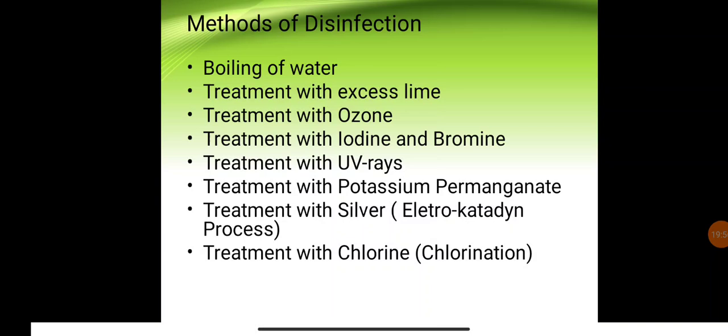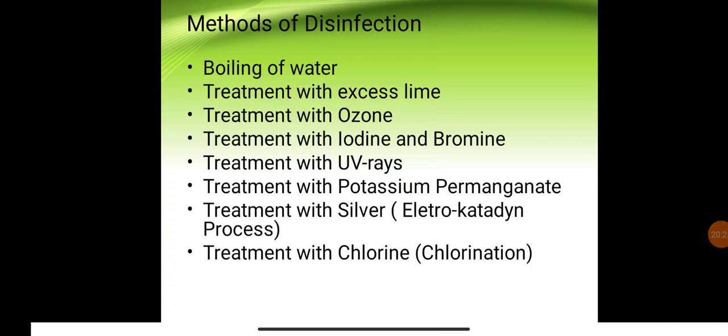Then HOCl, the hypochlorous acid, dissociates to give a hydrogen ion plus OCl minus. OCl minus ions are hypochlorite ions, and HOCl is hypochlorous acid.